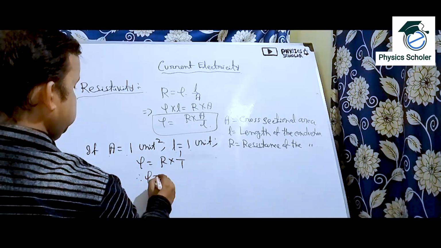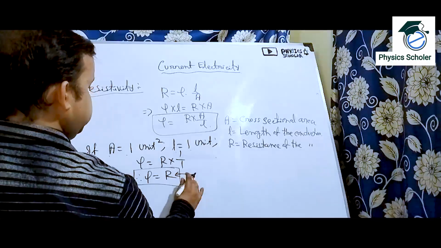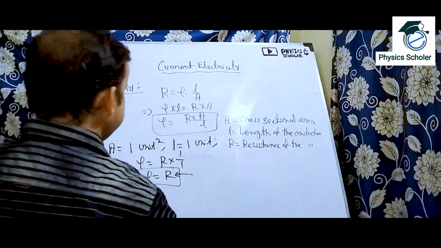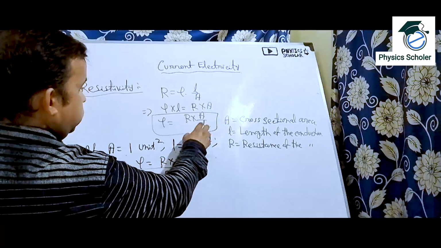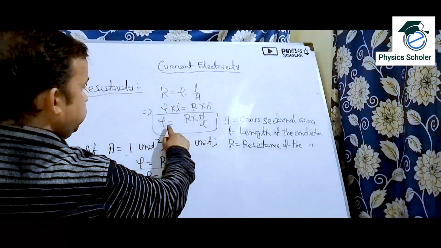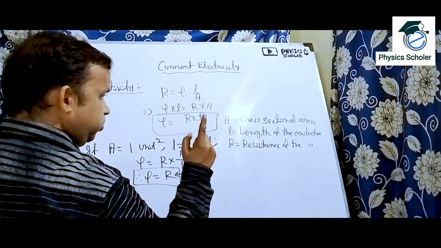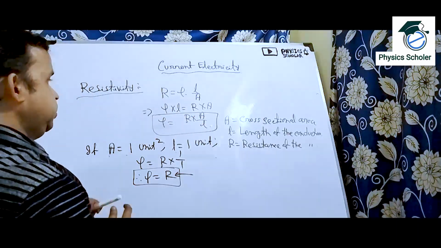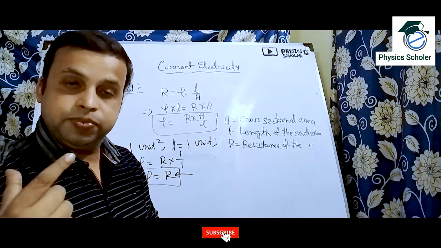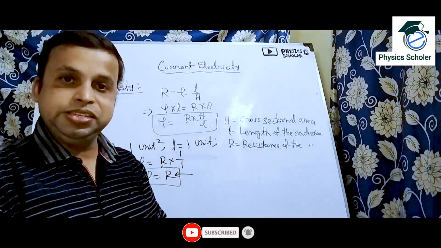That means rho is equal to R, where R is the resistance of the conductor. Then how can we define resistivity? If the cross-sectional area of any conductor is 1 unit square and the length of the conductor is 1 unit, then the resistance of that conductor is known as resistivity.